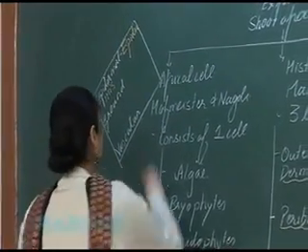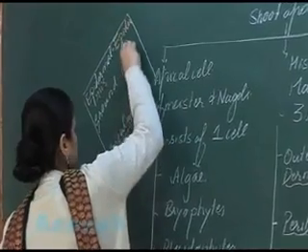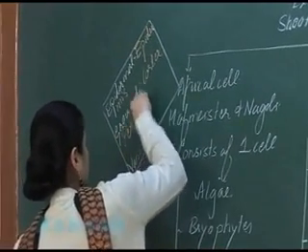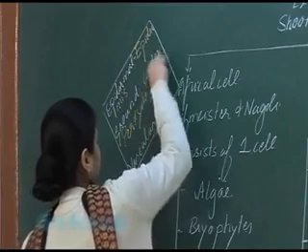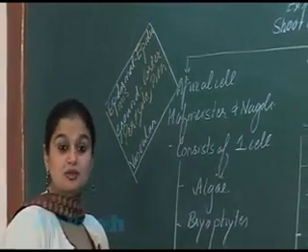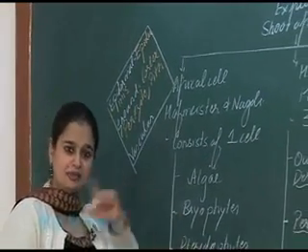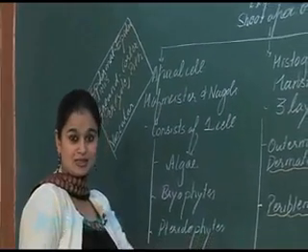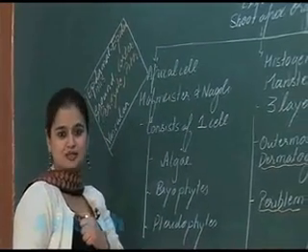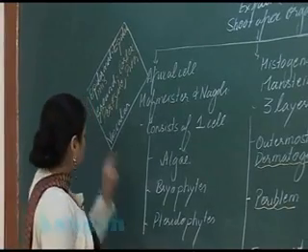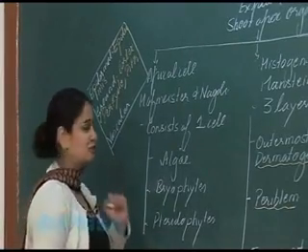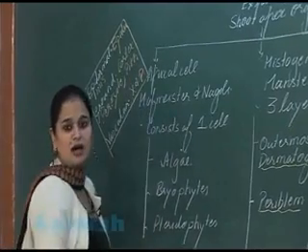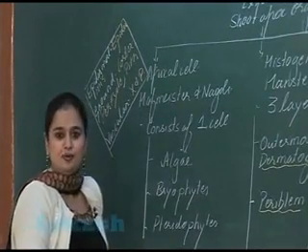Ground tissue consists of cortex, pericycle and pith. Cortex, pericycle and pith, this we will discuss in detail in the forthcoming lecture. Now the third one, vascular tissue. You have studied in the previous classes. This is going to consist of xylem and phloem.